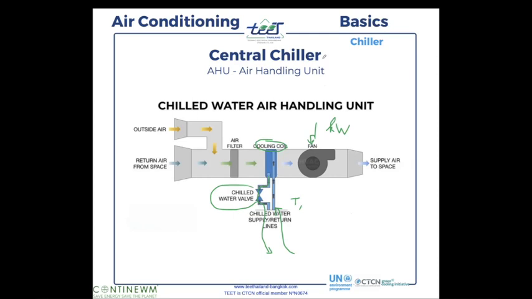So you have this chilled water valve that regulates how much water gets into the coil. And this is what we have to measure in a proof of concept. We have to make sure that the chilled water valve is functioning well, and we have to make sure that we can measure how much energy this AHU or FCU may absorb from the chiller.